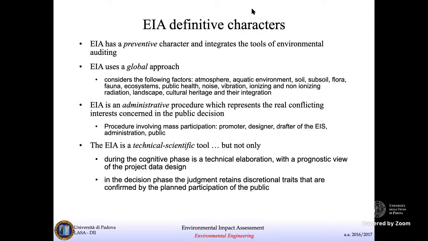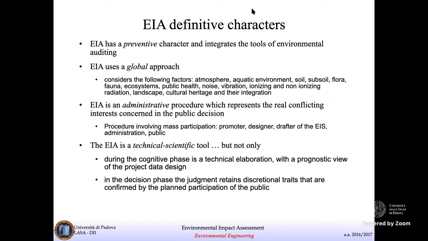Environmental auditing tools were kind of voluntary, and as you may recognize by looking at the calendar, we will have a couple of seminars on these voluntary auditing tools. These voluntary auditing tools have been transformed into compulsory tools that all fall under the wraparound concept of environmental impact assessment procedure.